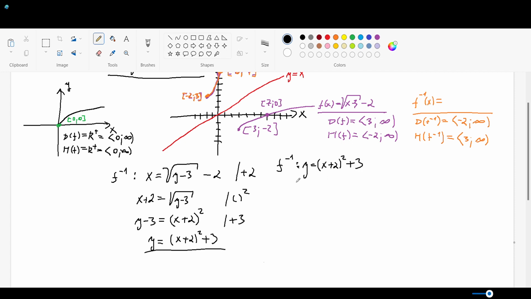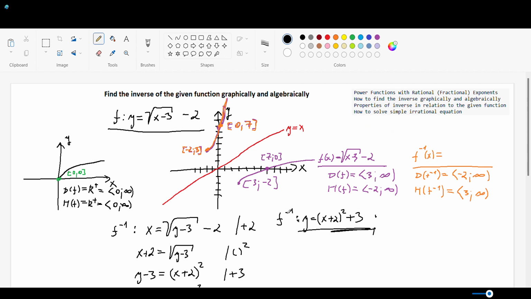We are done here, but I want to show you that we really did our job when we did the thing graphically properly. Let's sketch the graph of our inverse function, and we will compare with this orange line. As we already know, this is a quadratic equation, and there are two transformations applied.